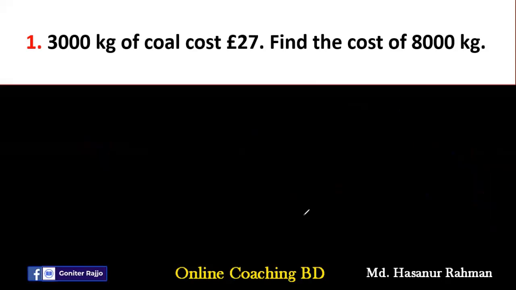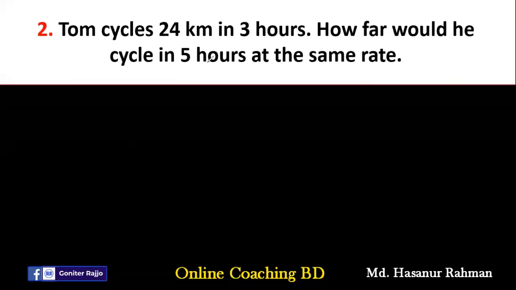Now number two. Number two says Tom cycles 24 kilometers in 3 hours. That means in 1 hour he cycles 8 kilometers; we can easily understand. How far would he cycle in 5 hours at the same rate? So how can we solve it?